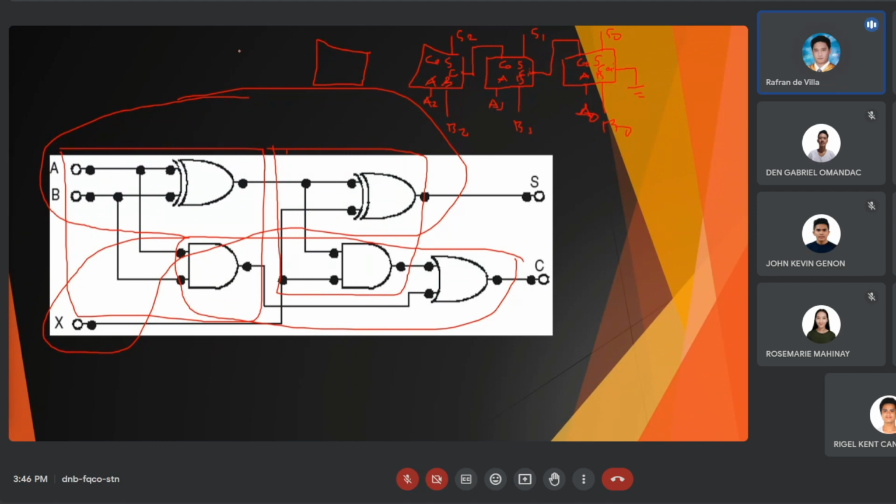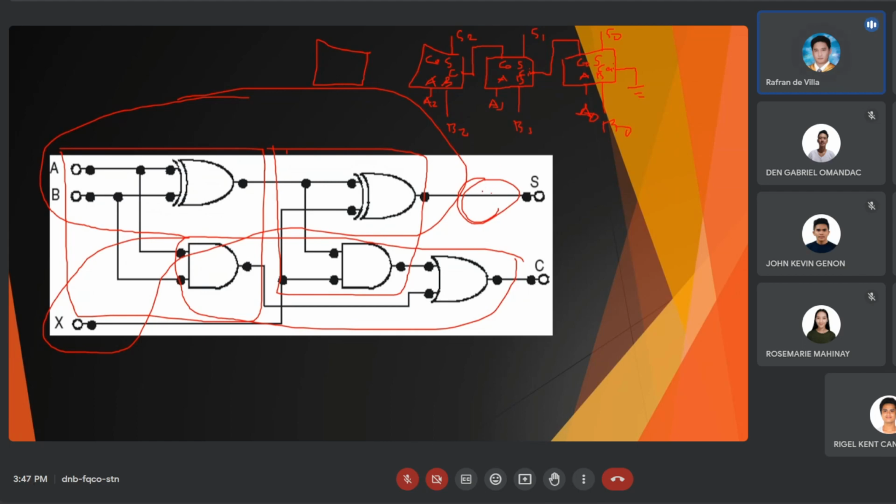Kung tan-aw ninyo, sakto na jud ang design and you have already traced the connection using your logic probe, di ba? Ang tasog guba ni dire, okay? Ang output niya, wa mo follow sa truth table, what do? We perform signal tracing.